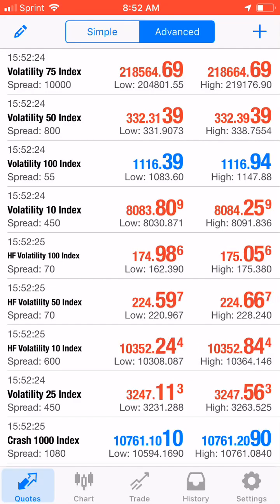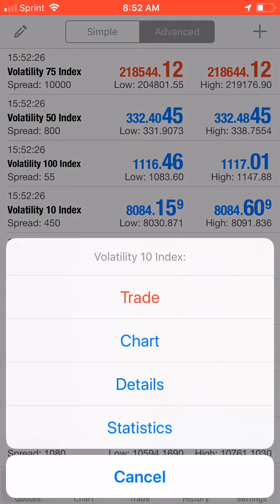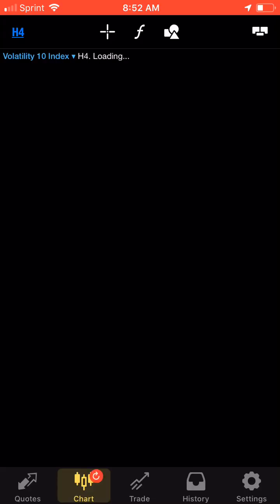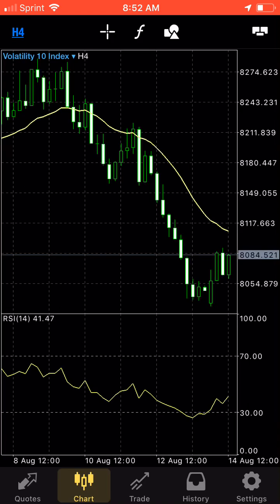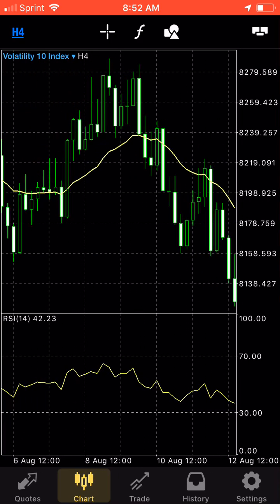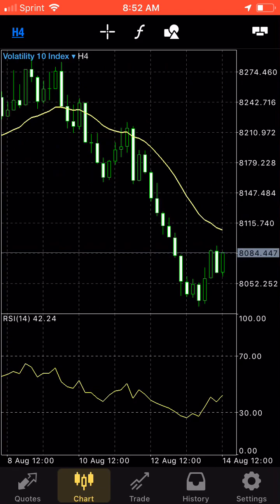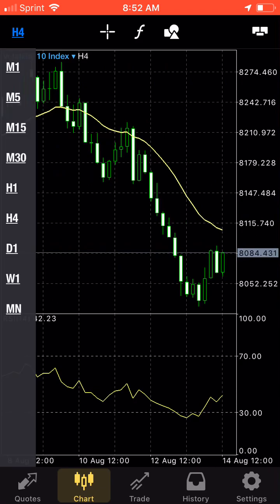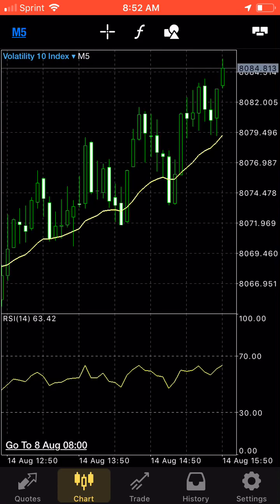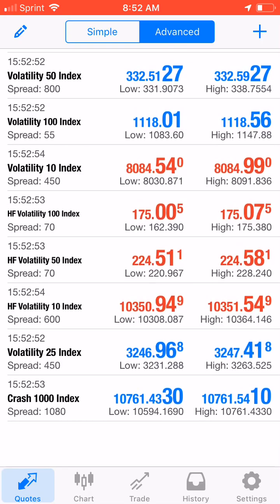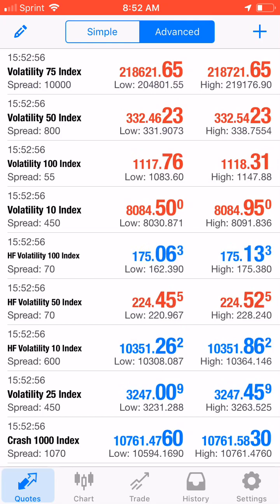So let me scan for more areas to see if I will see anywhere that the market is ranging, so that we'll be able to finish up the entry part of this trade.